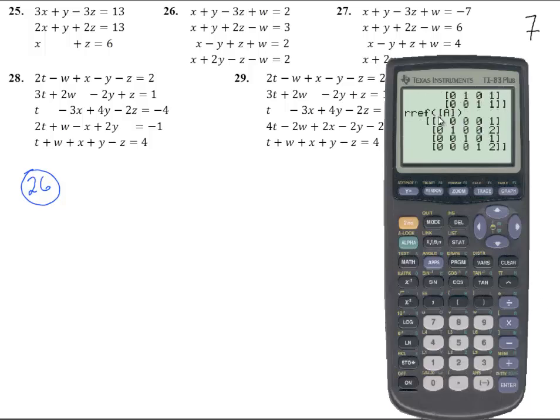You'll notice here we have it, that x with 0y, 0z, 0w equals 1, y equals 2, z equals 1, and w equals 2.